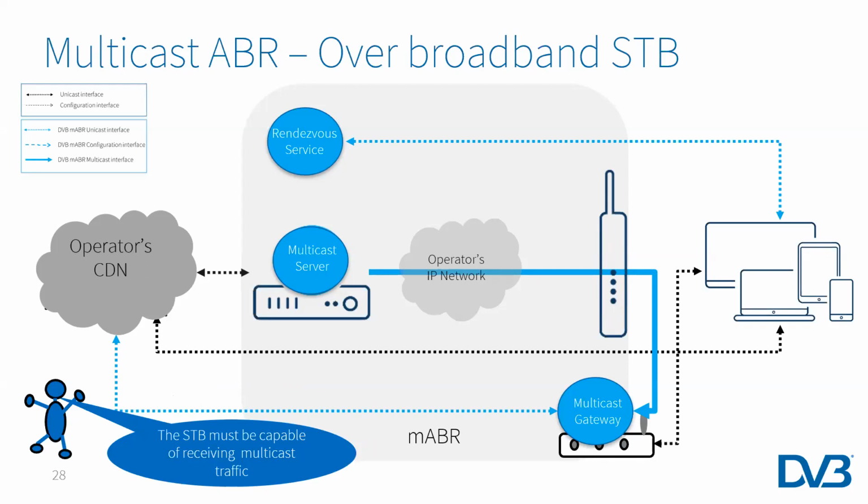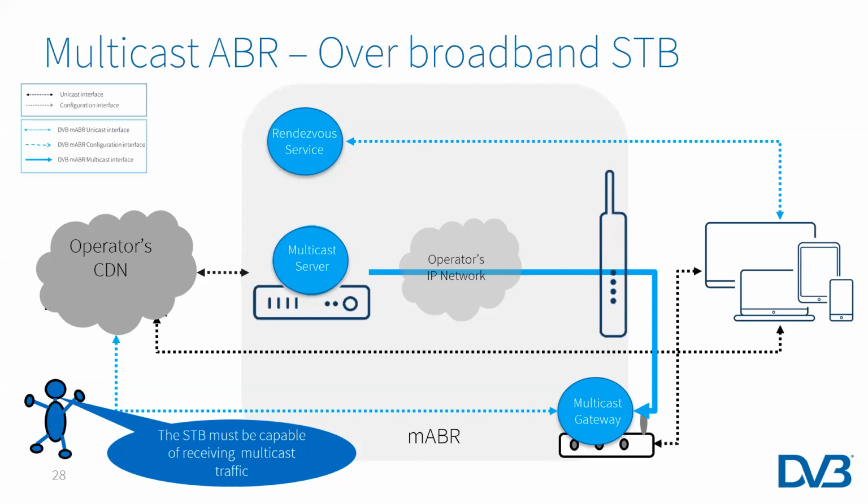The second use case I wanted to share with you is when the operator is operating the broadband set-top box. In that case, the residential gateway is not concerned anymore. The multicast gateway agent is hosted in a set-top box. This deployment is possible as long as you have, between the set-top box and the residential gateway, the capability to carry multicast traffic.